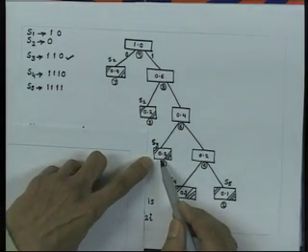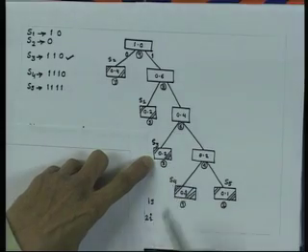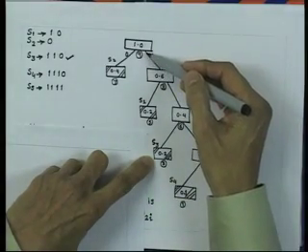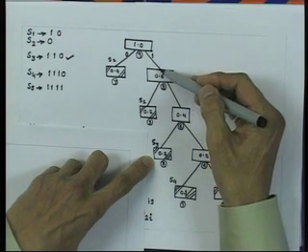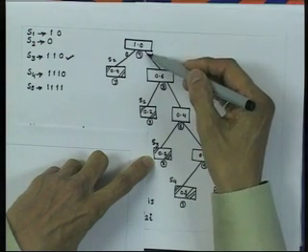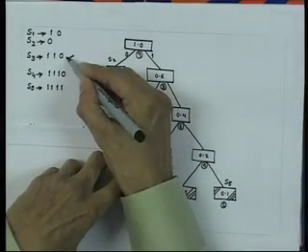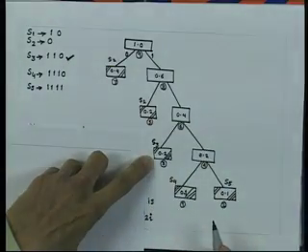For example, if I want to get the code word for S3, then I traverse this way. So, I keep on adding 1 whenever I am on the right path and 0 on the left path. So, I get 1, 1 and 0.